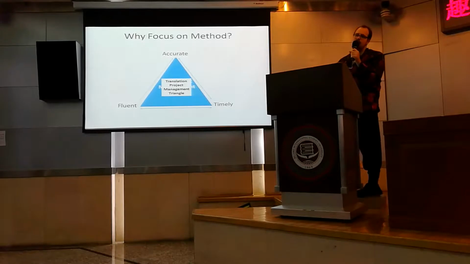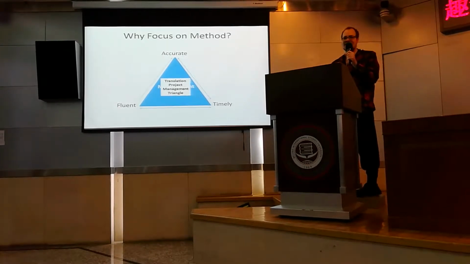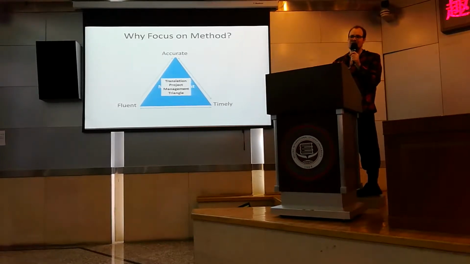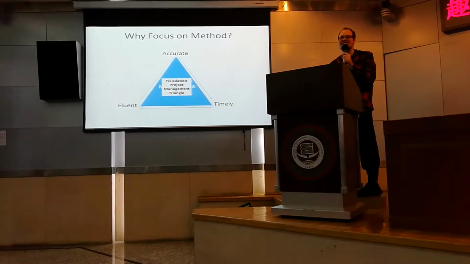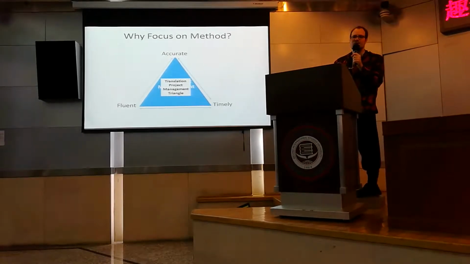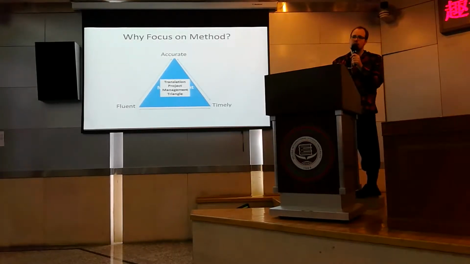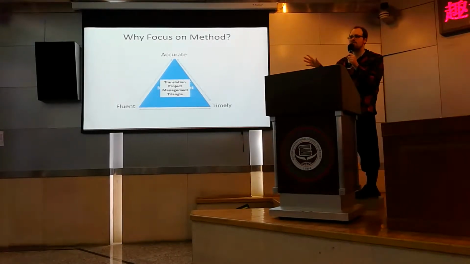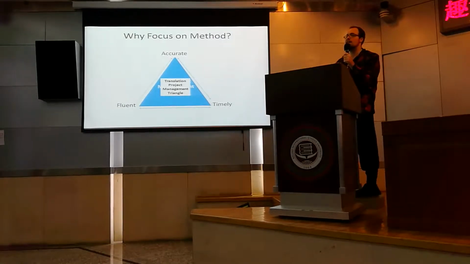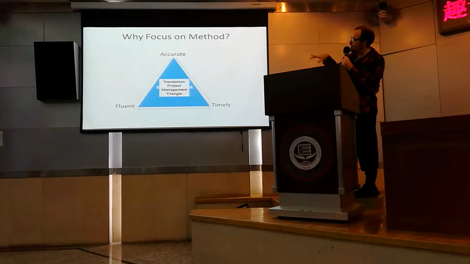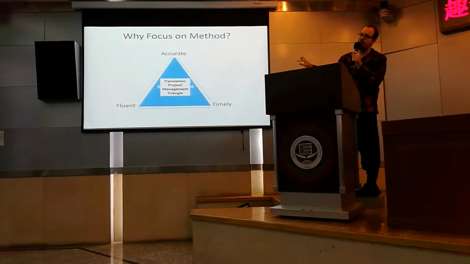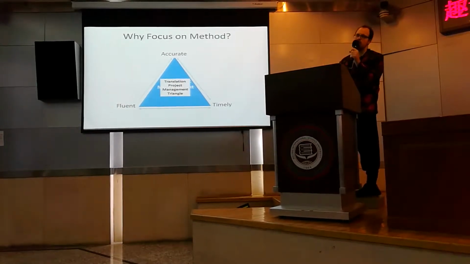And timeliness is about, did you meet the deadline? Which I can tell you is one of the most irritating parts of being a translator, the deadlines involved. So anyway, my hope is that this method will help you to realize at least two sides and maybe a third side if you're doing well. We'll see how we go. My focus today is on the accuracy and fluency side. Okay, that's what I'll be looking at in the process.